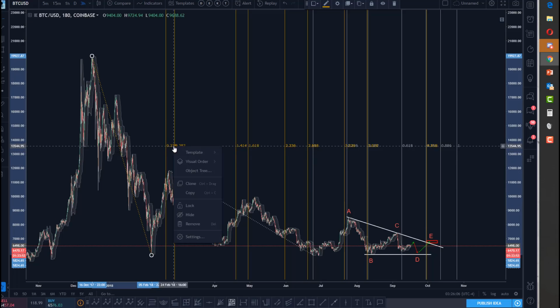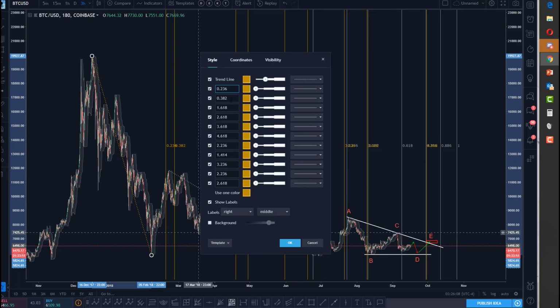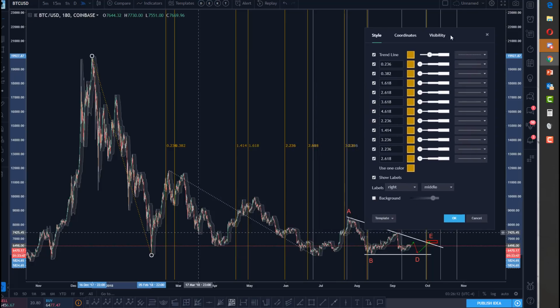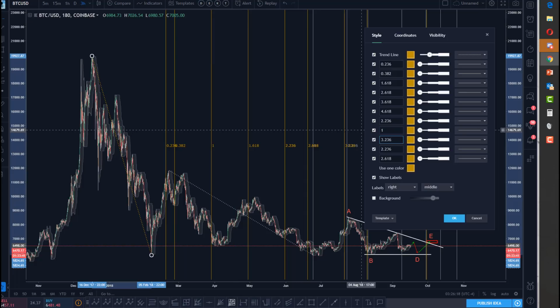What about the 100%? Missing 100%. The 1414 is not particularly interesting in this one, so let's just make it the 1. And look, bam, right there. Pretty interesting. And then it starts getting real saucy. Look at the 1618 right here. 2236 is not that interesting here. Take that out.